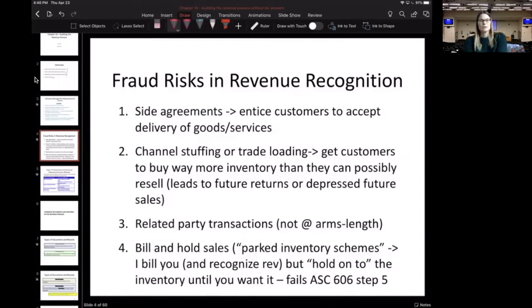Right, so to give this some context, when we talk through these fraud risks, let's think about if I am a manager in a big corporation and it is December, right? So it's getting very close to year end, and in December, I discover that I am going to fall short of this year's revenue targets, right?